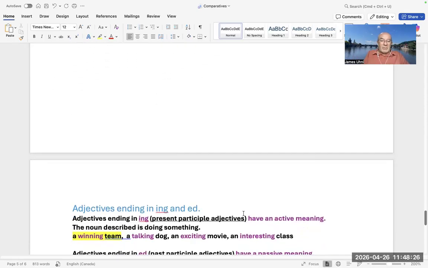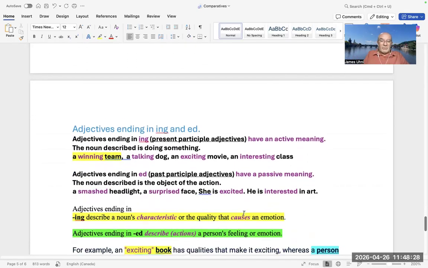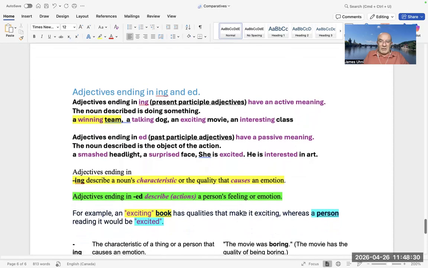Then I will come to something very, very difficult and I will play with it and change it a lot. It is called adjectives ending in ing and ed. Wow.